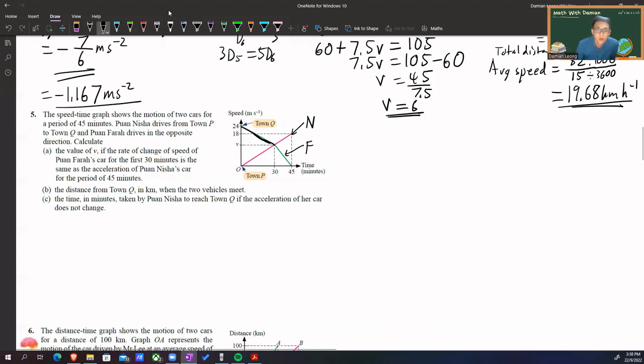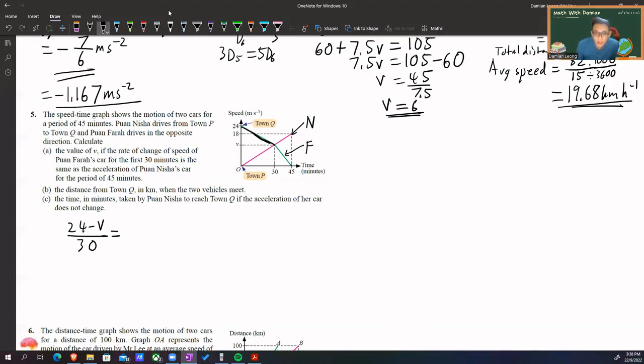So I take the change in speed from 24 to V, so 24 minus V over the change in time, 30 minutes. It will be equal to the acceleration of Puan Nisha's car for the period of 45 minutes, for the whole thing.